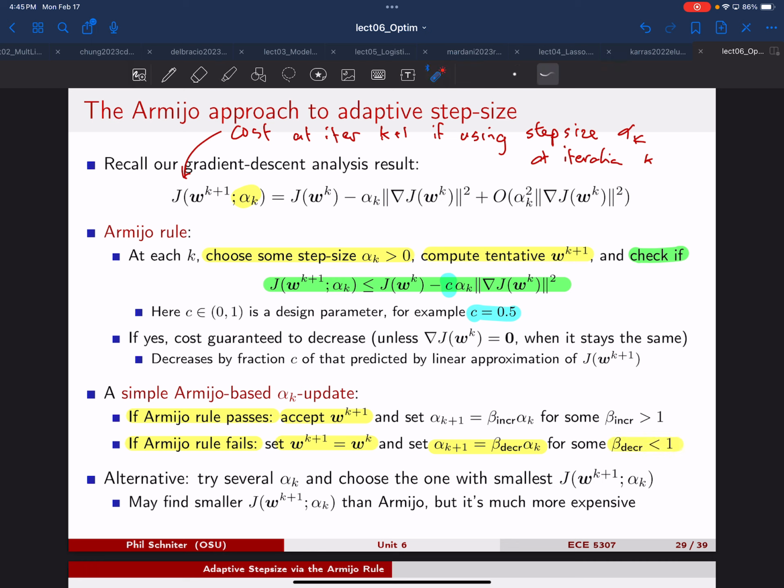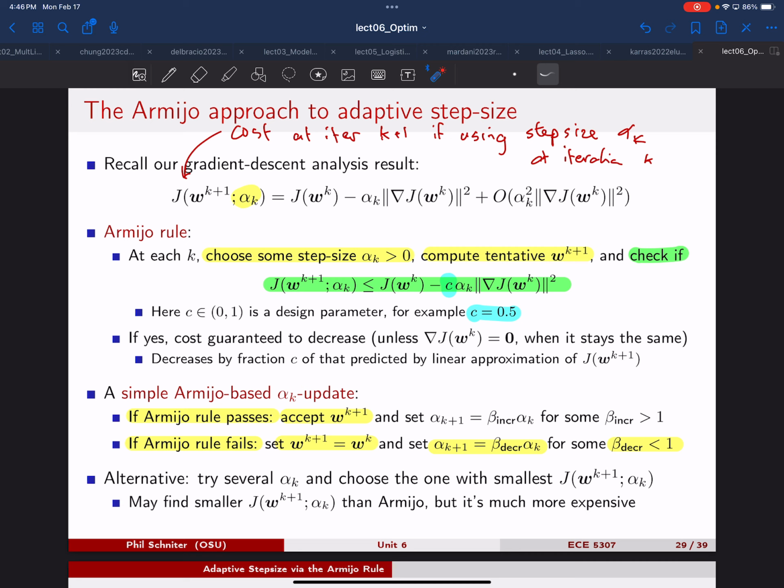You set up some parameter, beta decrease, this might also be 0.5, and this might say, halve my step size, try again with that. And you keep doing this. You keep taking a tentative step, checking whether this holds. If it doesn't, you keep decreasing your step size until finally this holds. And if this holds, that means you really know that you have made progress. So this algorithm is guaranteed to always make progress whenever it accepts a step. And if it doesn't accept a step, it's decreasing its step size so that it will make progress hopefully the next time.